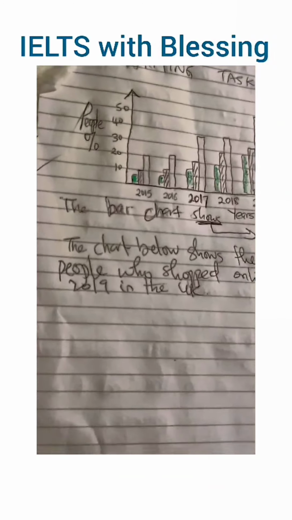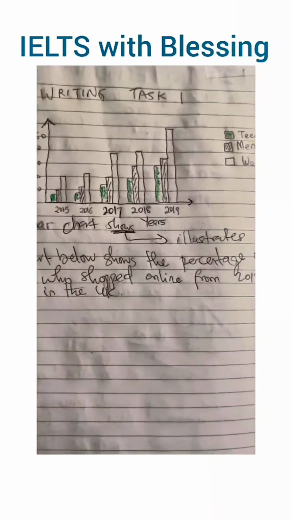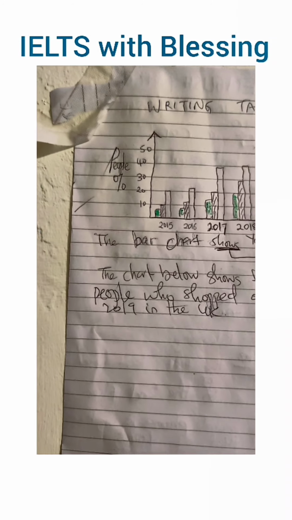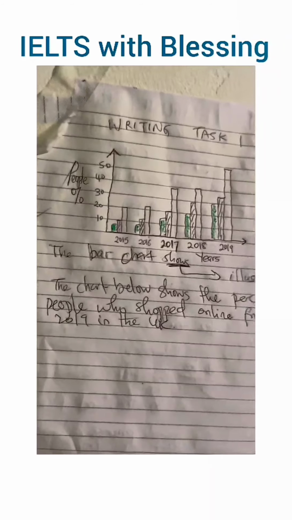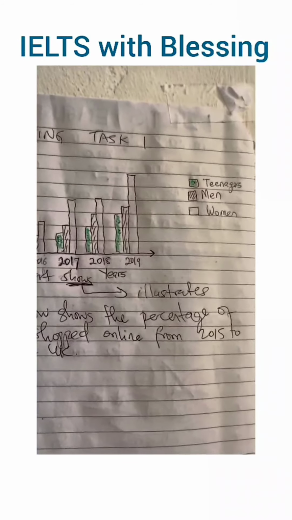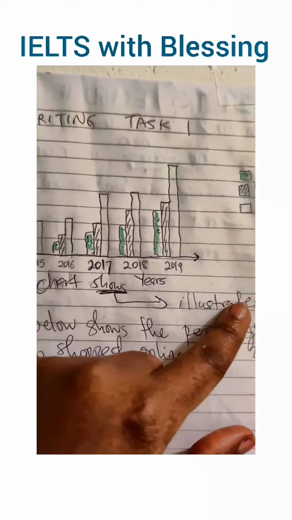So this is the question: the chart below shows the percentage of people who shopped online from 2015 to 2019 in the UK. Like I said before, instead of shows, you change it to illustrates.